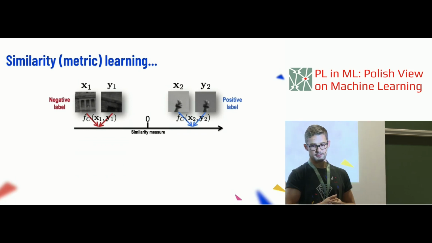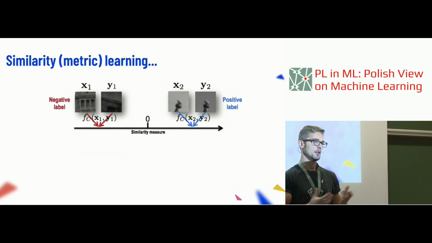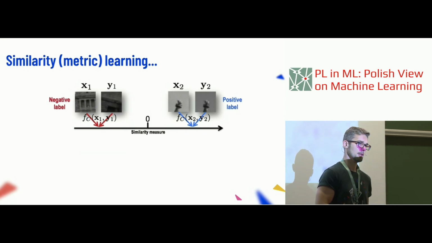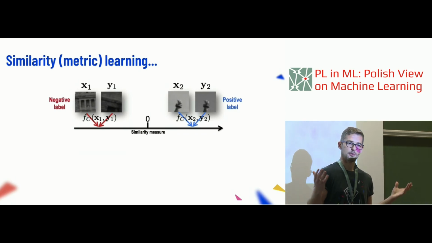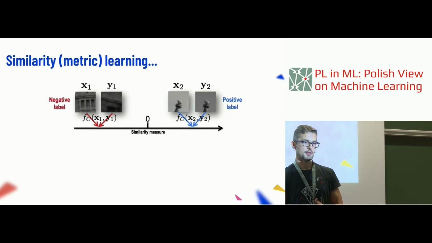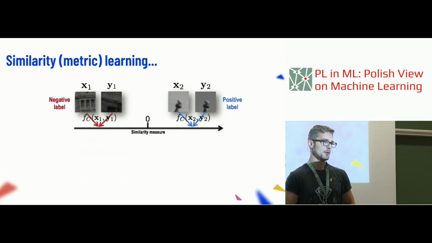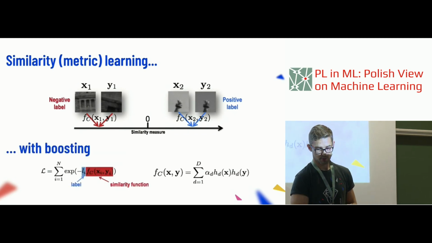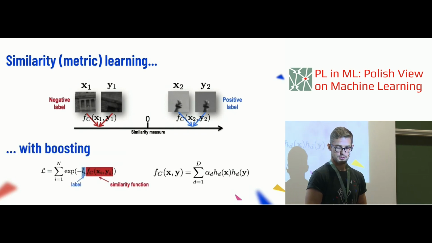In the case of negative labels, the images that are actually looking at different 3D points, you want to map them to a similarity measure that is negative. That means they correspond to things that are very much different. Now, for the positively labeled pairs of images, you want to move them to the positive part of the similarity measure. And how do you do that? You basically use boosting, which gives you this fairly interesting objective function with exponential loss.